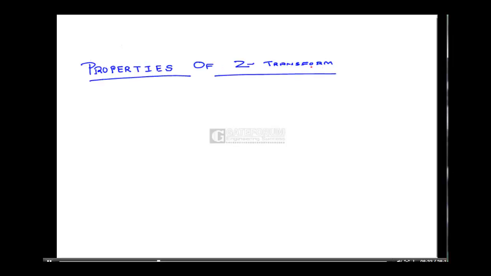Okay. The first property is the linearity property.